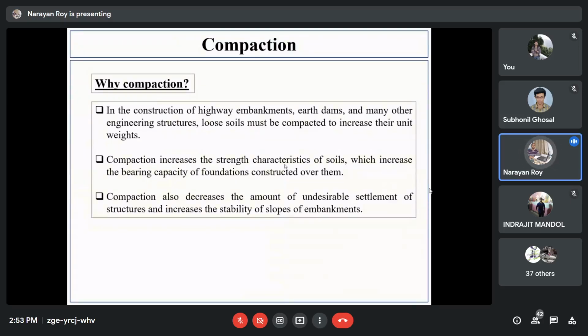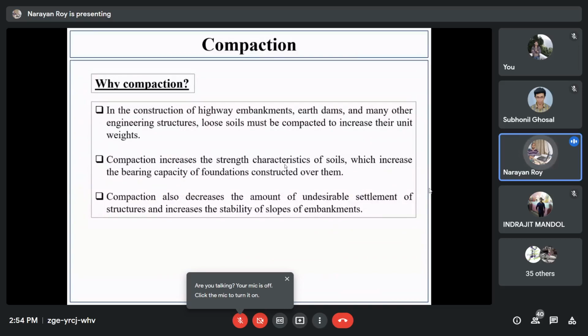Compaction will also minimize the undesirable settlement coming from the construction of your structure. Take the design of a building, for example. In the design of a foundation, you have to satisfy two criteria: the bearing capacity criterion and the settlement criterion. You have to keep settlement within the permissible limit.